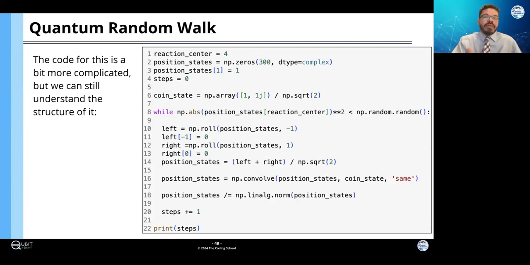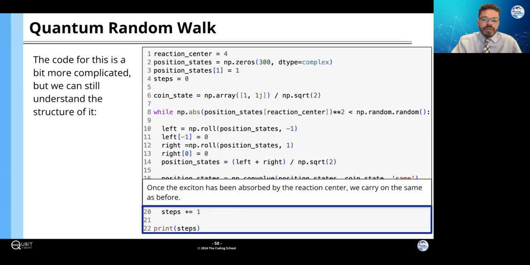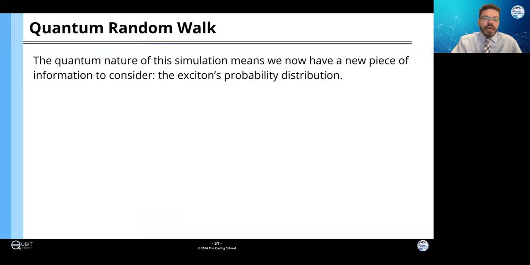And not only happen at the same time, but to interfere and create a change in the way it moves through these pigment molecules that is inherently quantum.